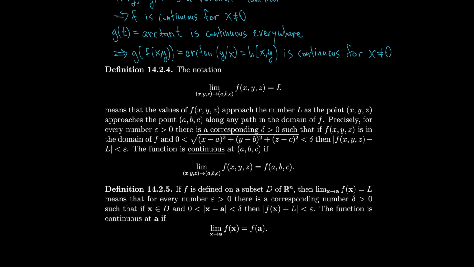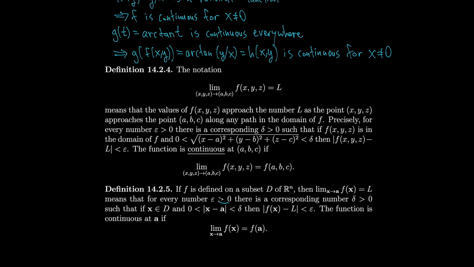And then it's continuous, the same as before, if the limit of the function is equal to the value of the function. If f is defined on a subset D of Rn in general, then we can define the limit in general the same way. We just remember we use this notation to say a whole bunch of variables, n variables, and we're plugging that in.